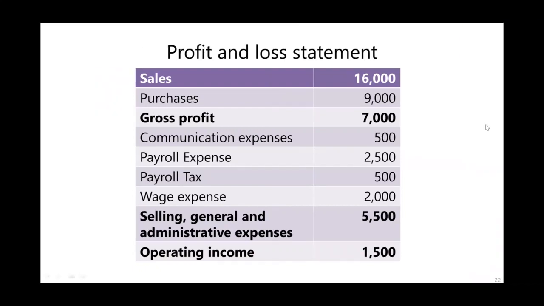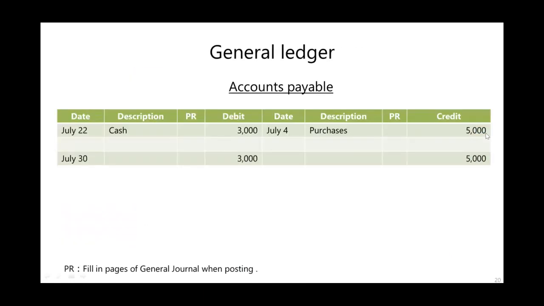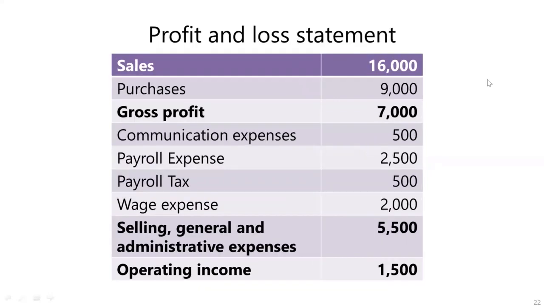Just from the trial balance, this purple part is transferred to the profit and loss statement and just segregated into gross profit, selling, general and administrative expense, and operating profit. Another issue is that operating income is computed in the profit and loss statement.